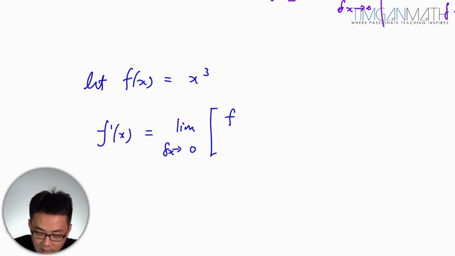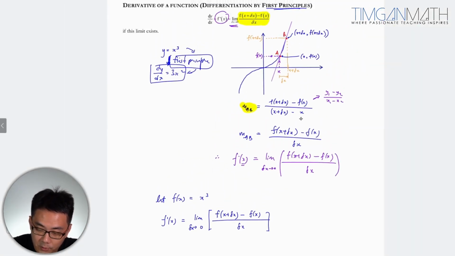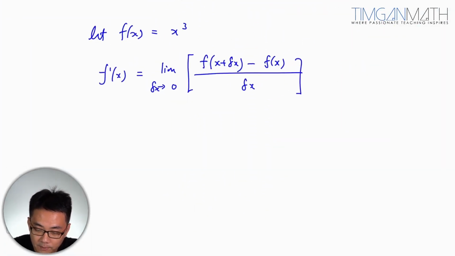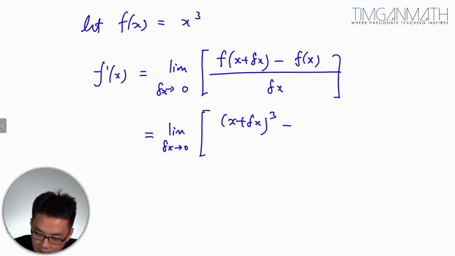So this will be f(x + delta x), the first point there, minus f(x), over delta x. This is the gradient formula. I already derived it for you here. You actually got that already. Then this part here is pretty okay. So we need the limit as delta x goes to 0 of (x + delta x) cubed minus f(x), which is actually x cubed.